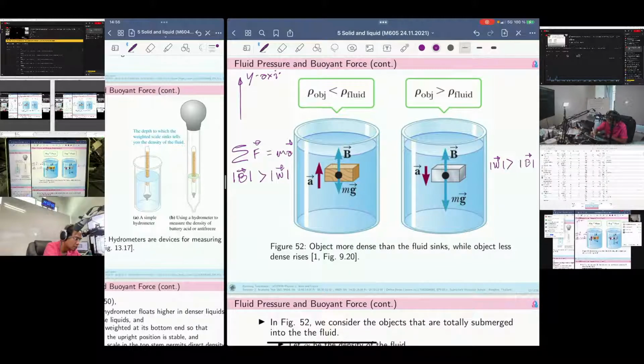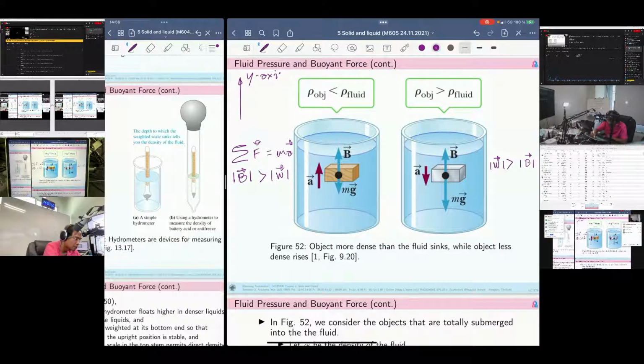But for this case, you could see that B minus W equals ma, because we assume that anything pointing up is positive. But B minus W here is going to be a negative value, less than 0, because W is greater, so a would also be a negative value.